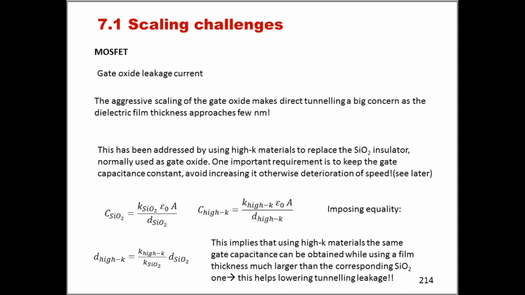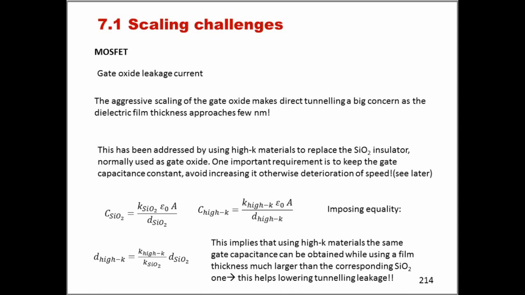So we need to scale down the length of the channel, the width of the channel, but also the gate stack on top of it, which means also scaling the thickness of the insulating layer between the gate and the channel. And by doing so, if we scale too much the insulator, which traditionally is made of silicon dioxide, then at a certain point we will see that direct tunneling taking place cannot be neglected anymore as we approach a few nanometers thickness. So this is obviously a big problem.